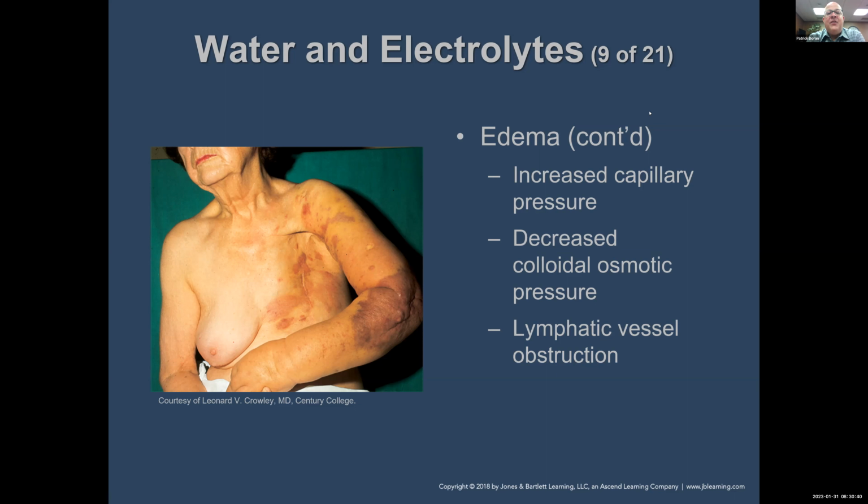body. And so what happens is we get lymphatic vessel obstruction secondary to, in this case, the mastectomy and the removal of multiple lymph nodes within the chest and probably the axilla.